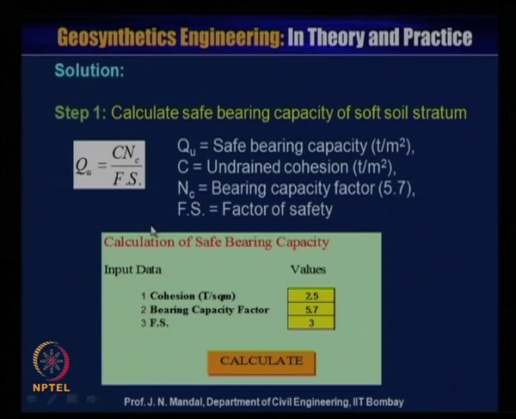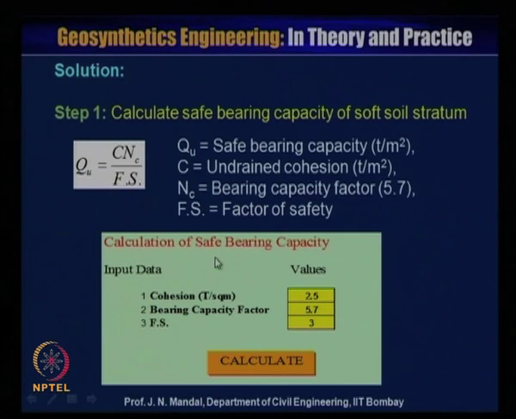So, solution step 1, calculate the safe bearing capacity of soft soil stratum. You know the equation Q is equal to C into NC divided by Fs, that is factor of safety. Q is the safe bearing capacity, ton per meter square, C is cohesion value, ton per meter square, NC is bearing capacity factor, value is 5.7, and Fs is factor of safety.